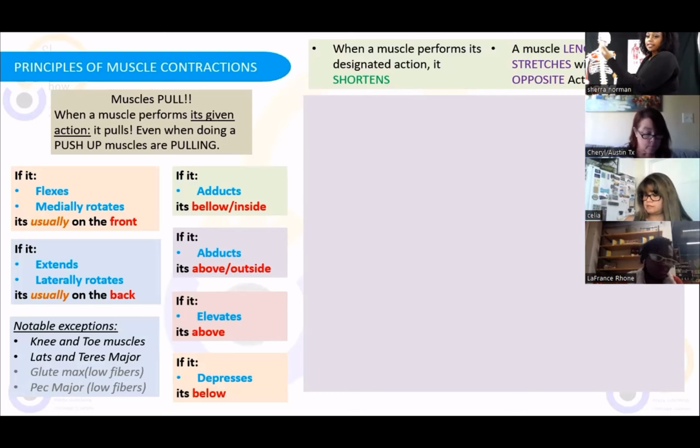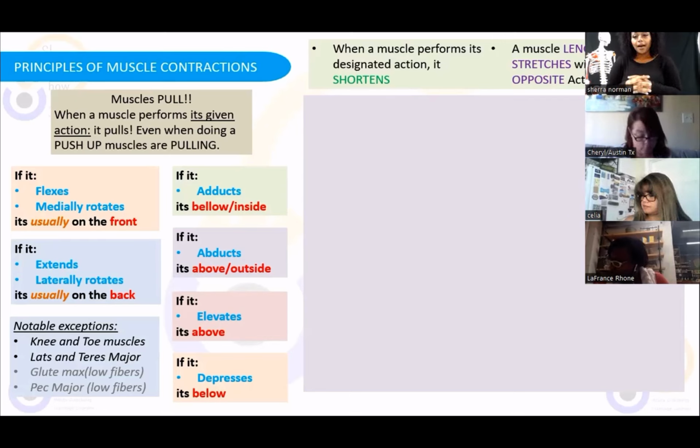Biceps flexes the elbow. So if I want to stretch it, I have to extend the elbow. That's going to lengthen those fibers. Shortening is when the muscle is doing its action. Lengthening is when it does the opposite. We're going to talk just a tiny bit about eccentric and concentric contractions.